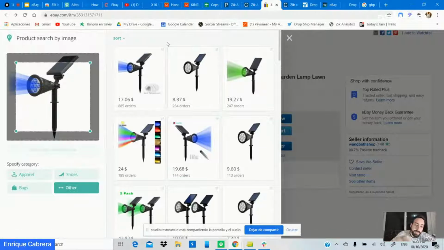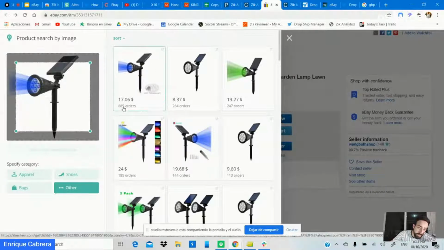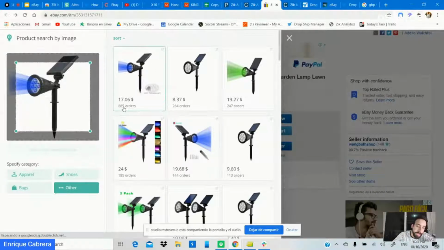Look, when it comes to looking for a supplier, the first step by using this Google Chrome extension, once you have this information here, is to try to find a supplier that has more than 10 orders. The more orders, the better, because that means more people are buying from that supplier. That makes that supplier more reliable. You need to always look for reliable suppliers.